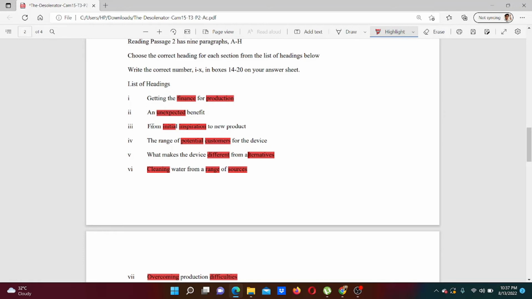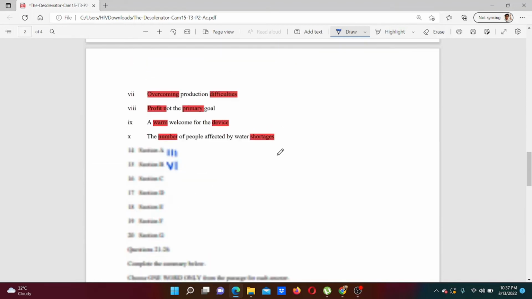From initial, no. Oh, also what we can do is cut those answers that we used already. The range of potential, no. What makes... okay guys, what makes the device different from an alternative? So this device is different because this device can generate power from sunlight.